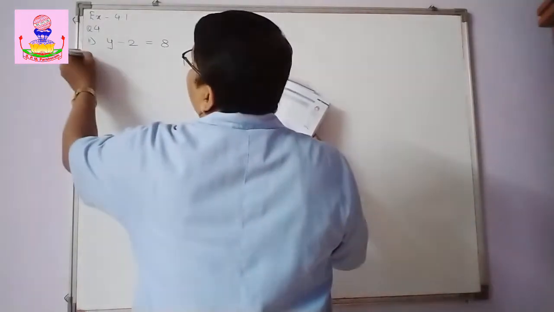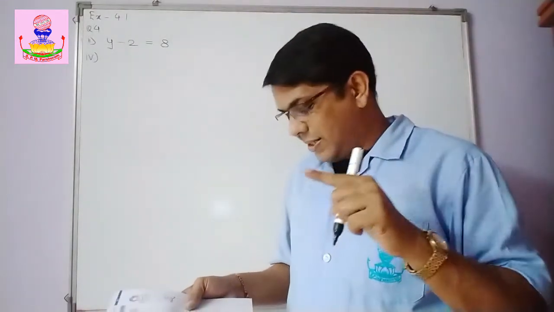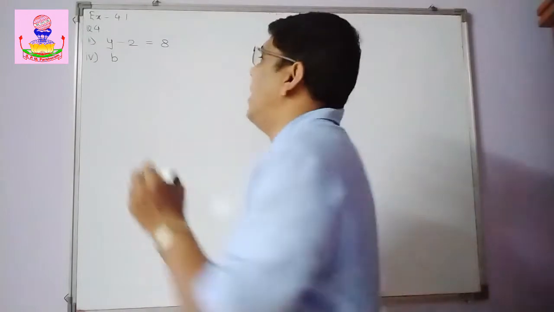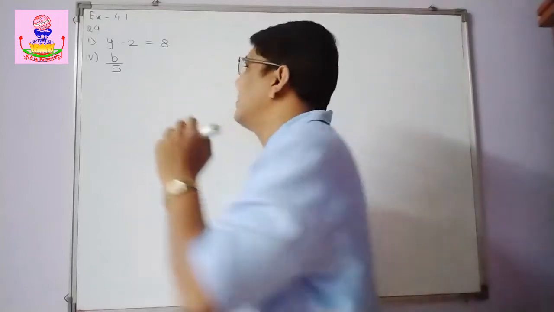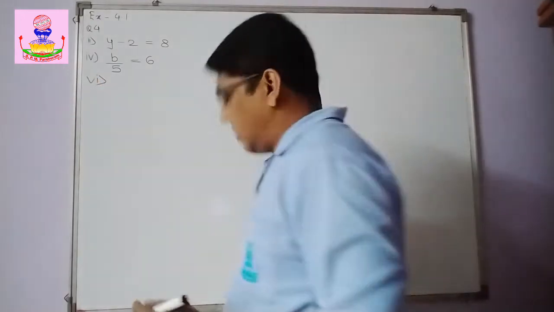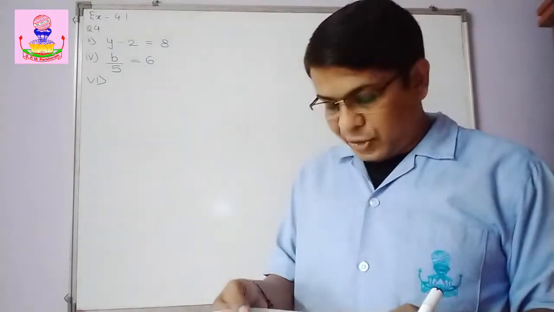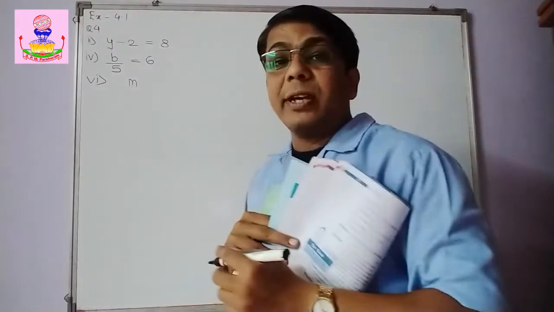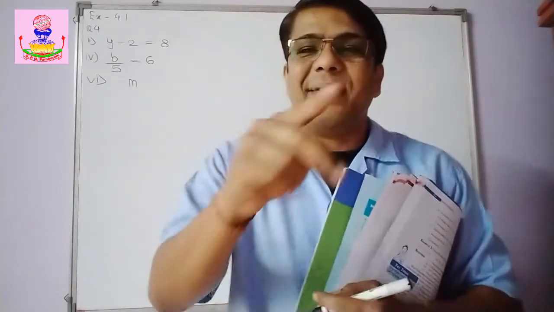Then the fourth one, the number b divided by 5 gives 6. Number b divided by 5, gives means equal to 6. Now the sixth one, 7 times m plus 7 gets you 77. m is the number, and 7 times means you have to multiply m by 7.